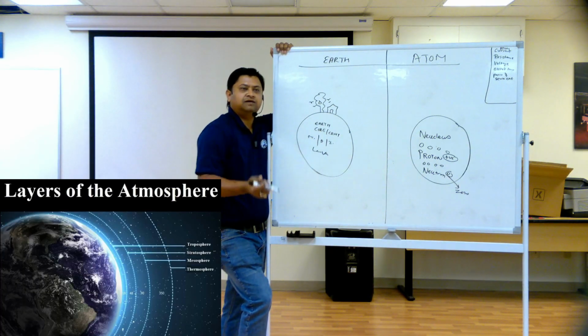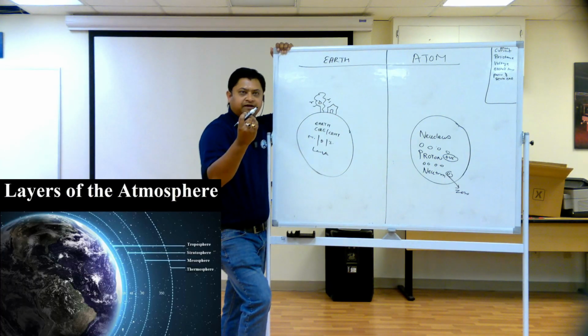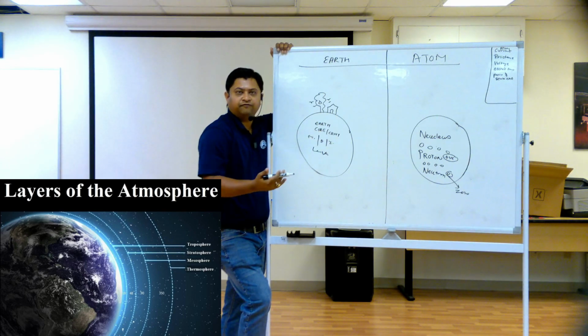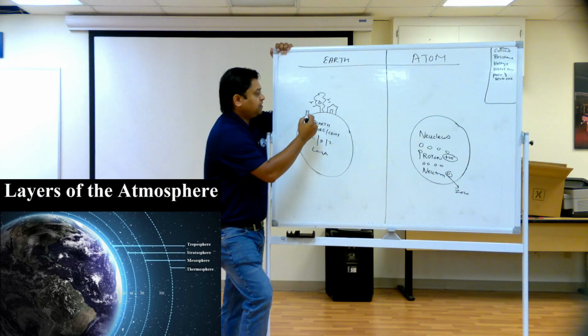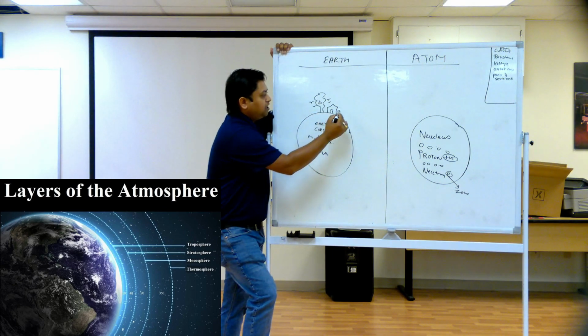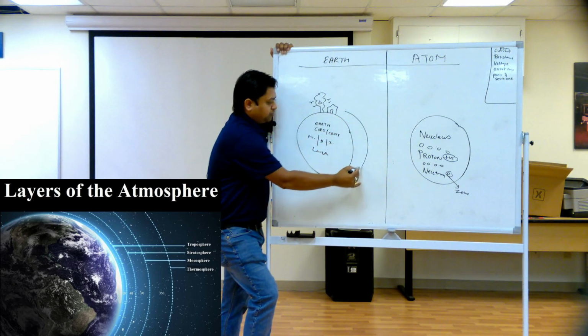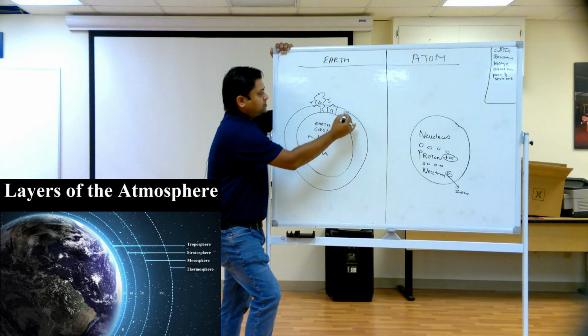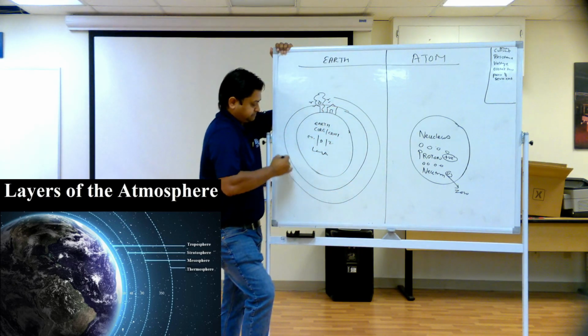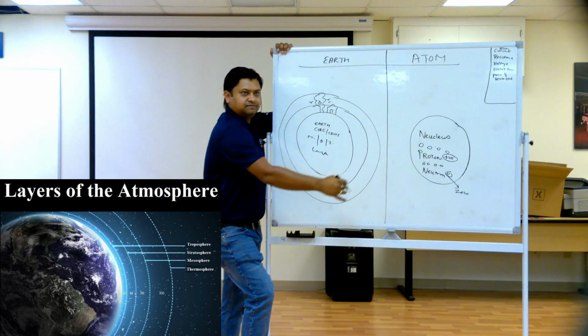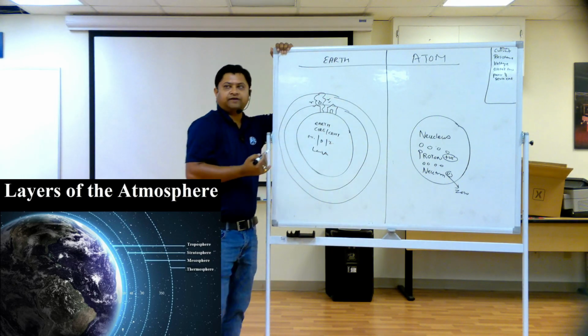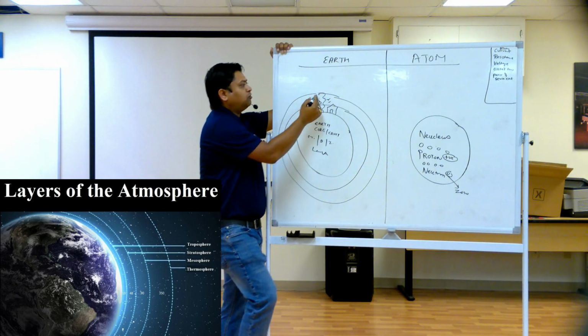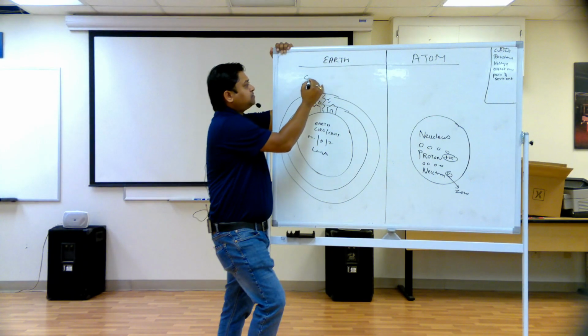As you go up, the density of air decreases, and there are different kinds of gases. I can draw it like circles, different layers of atmosphere. And as you go out of the Earth's atmosphere, this is space.